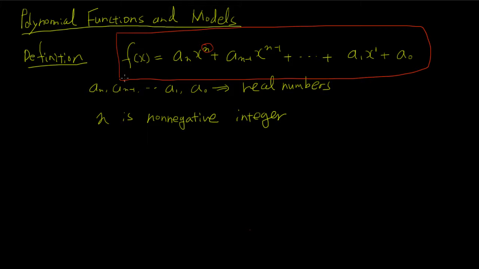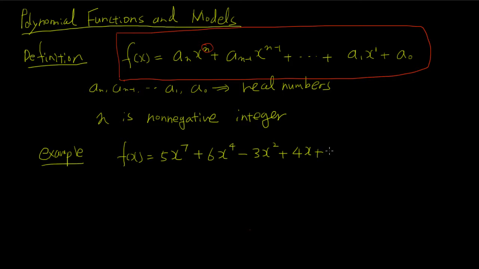Now the degree of a polynomial is the largest exponent of that polynomial. For example, let's say we have f(x) equals 5x to the 7 plus 6x to the 4th minus 3x squared plus 4x plus 10.